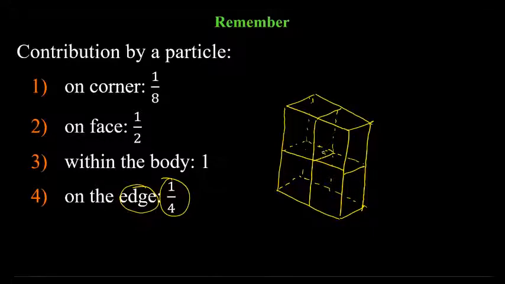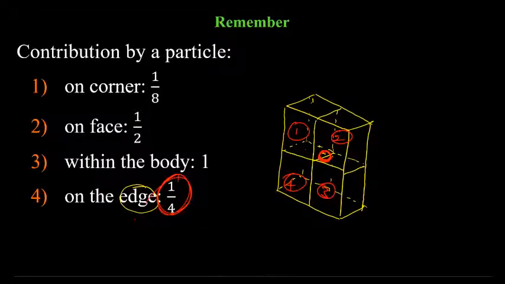If an atom is here, on edge, it will be shared by 4 unit cells. 1, 2, 3, 4. All these will have one edge common. So its contribution will be 1 by 4.